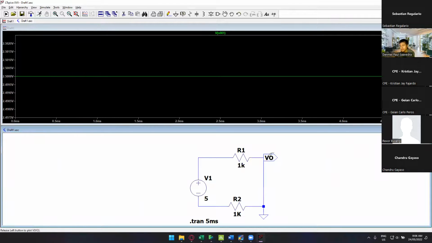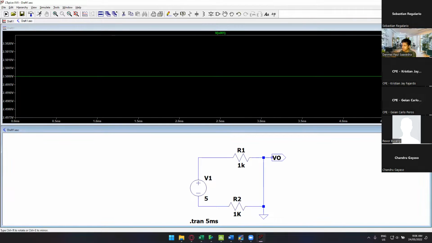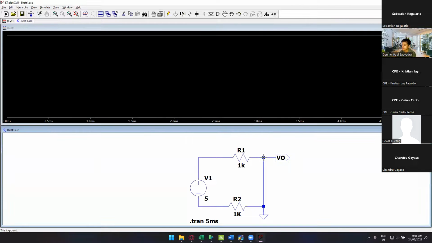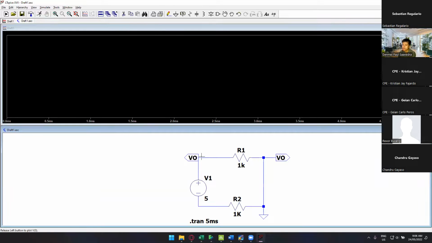Here we have VN001, and here still none. It doesn't work when there's a label.